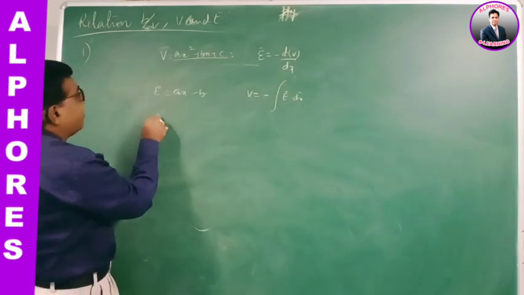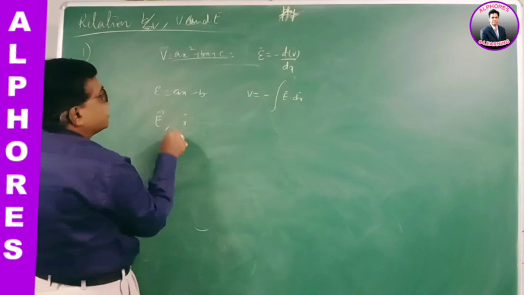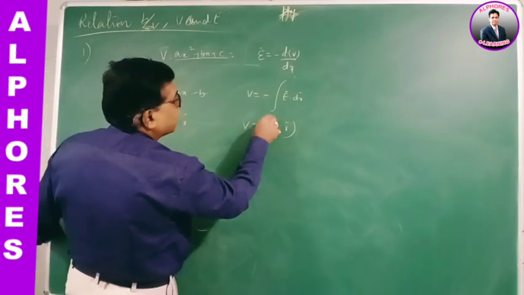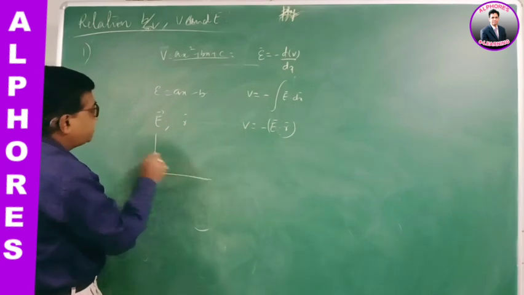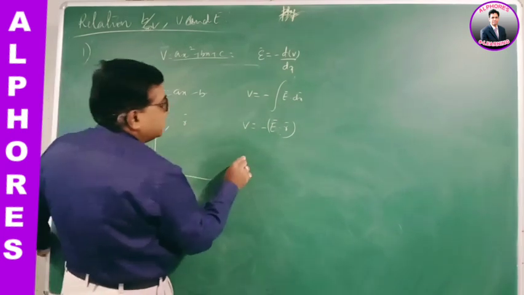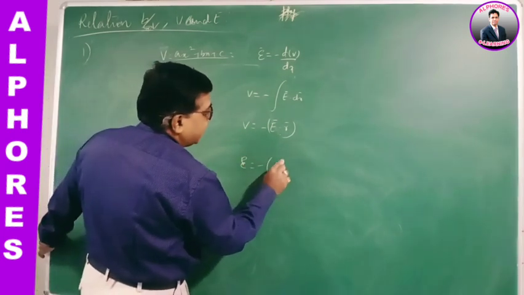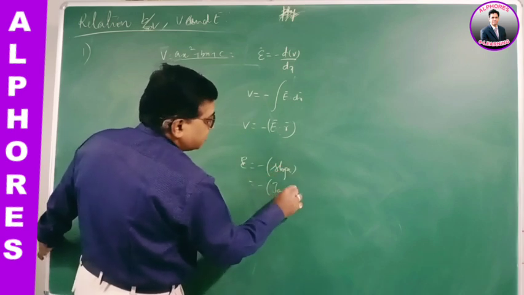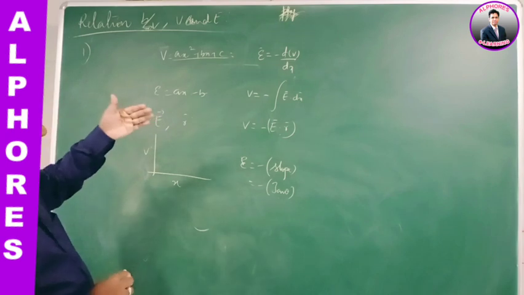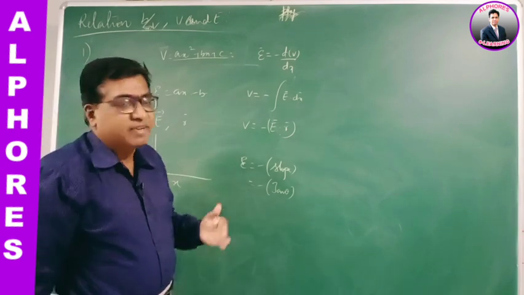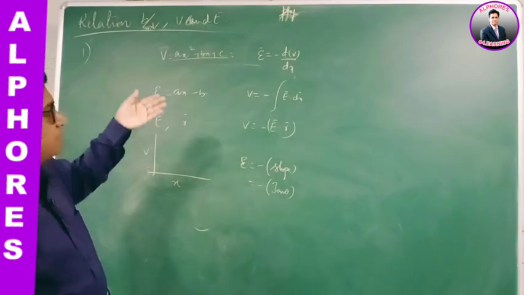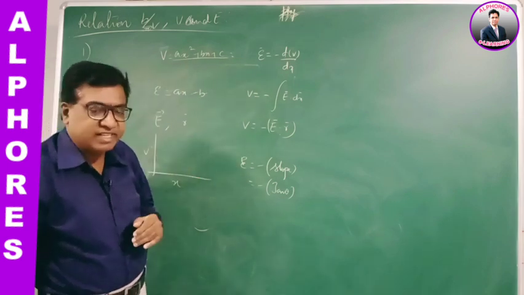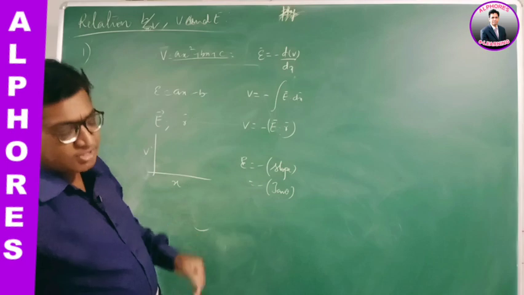If E is given in vector form and displacement in vector form, then the potential is minus E dot r. When a graph is drawn between potential and distance, the electric field is minus of the slope of the graph, which is minus tan theta. So for different variations, whatever examples he gives, you have to find the other quantity. These are the methods to find them.